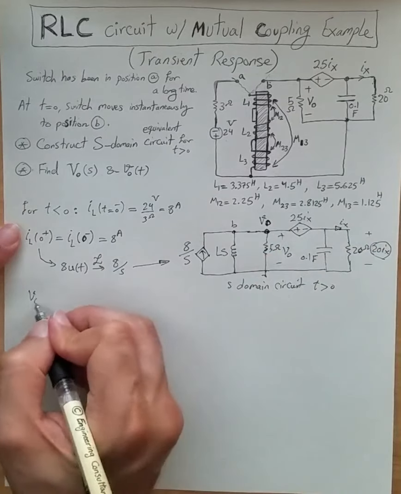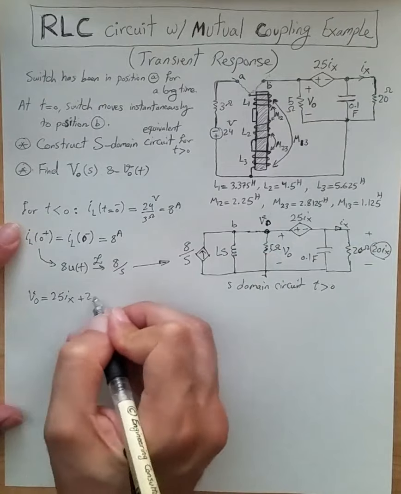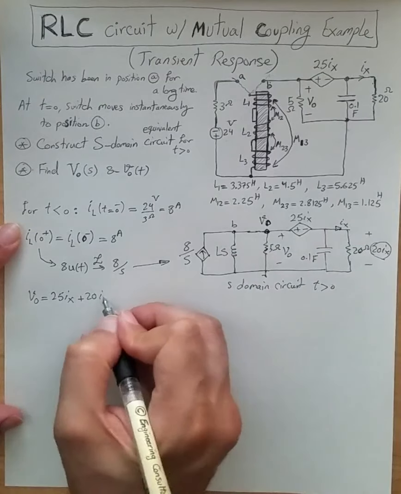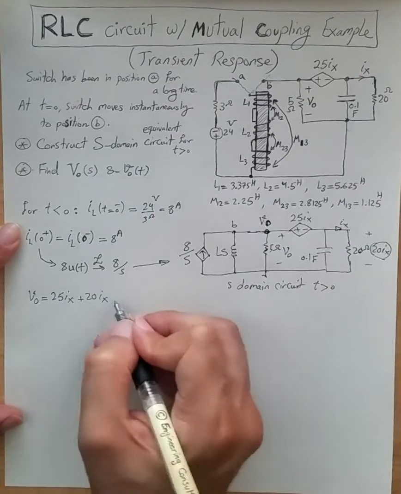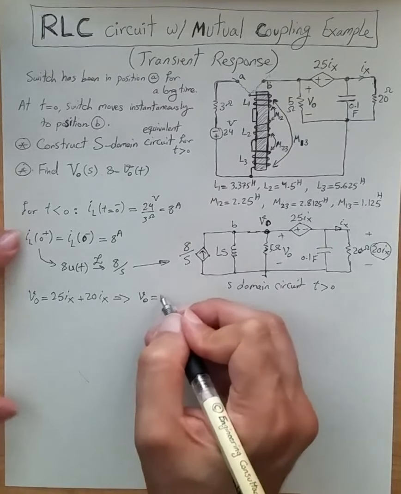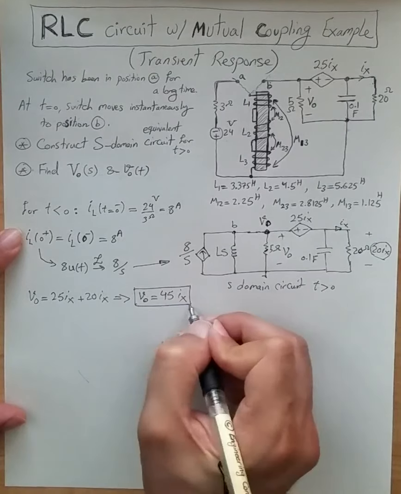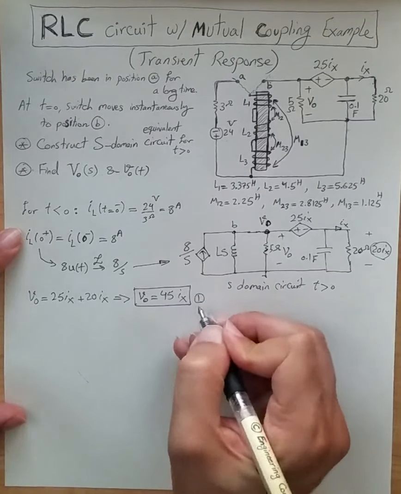So Vout is simply 25 Ix plus 20 times the current flowing through this resistor. So we get Vout is just 45 Ix. Let's name this relationship equation 1.